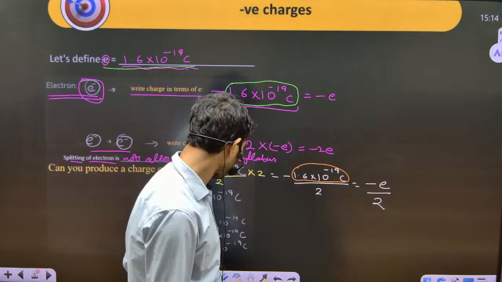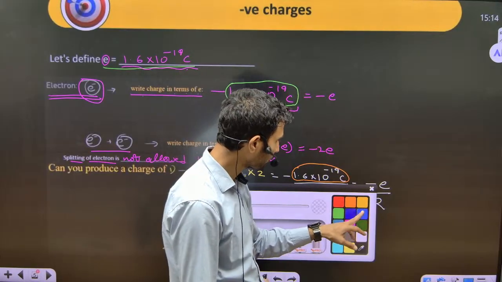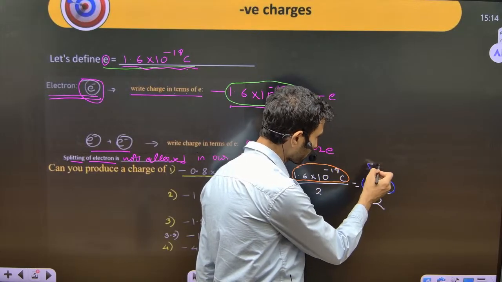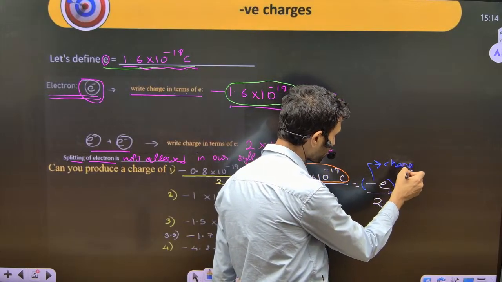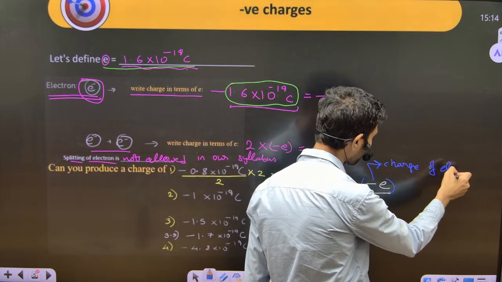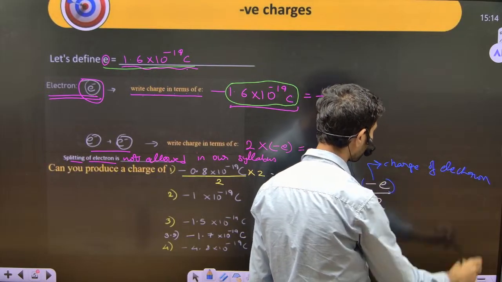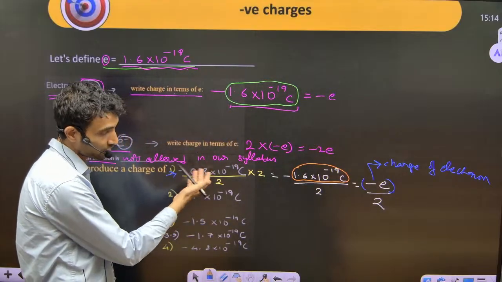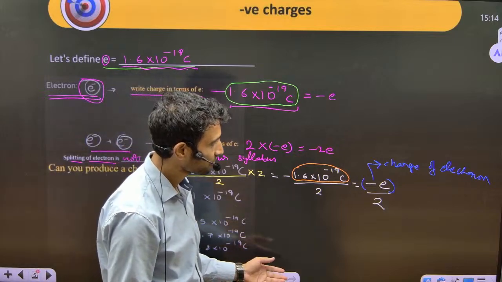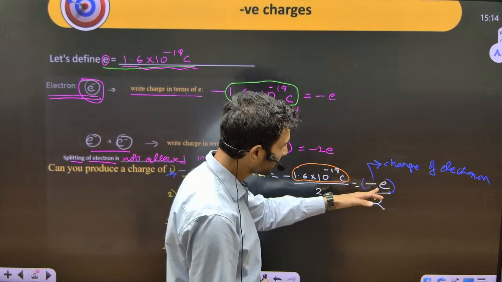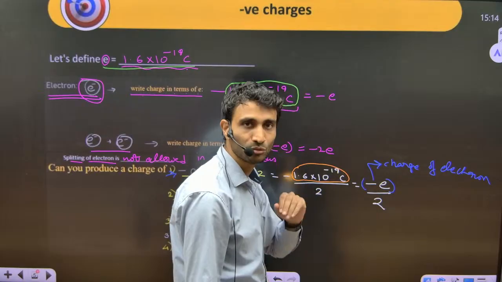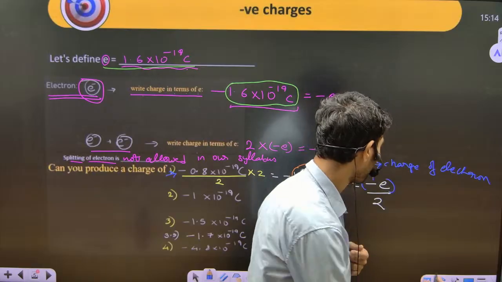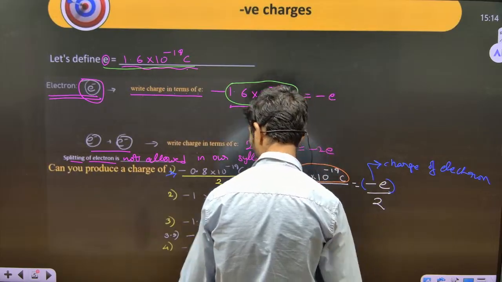And what is minus e after all, kids? This is the charge of an electron. If you were serious about producing this charge, what would you have to do? You would have to divide that electron charge by 2.